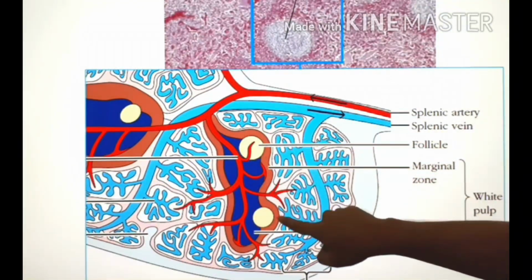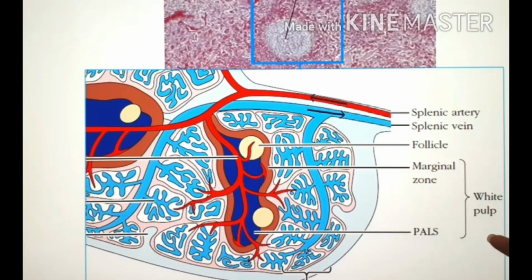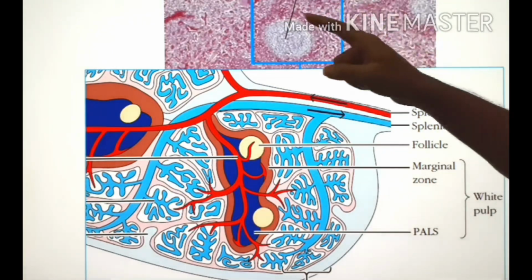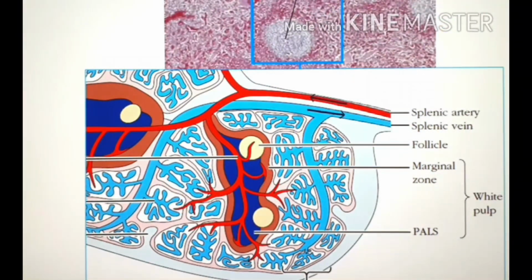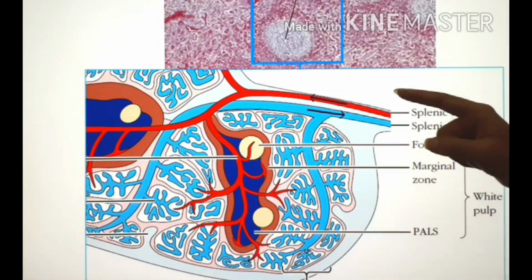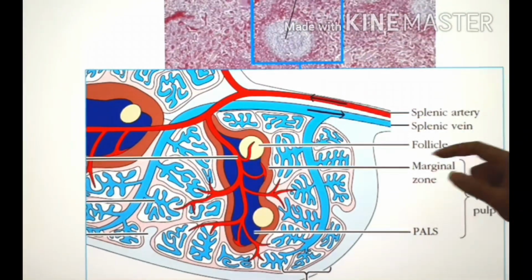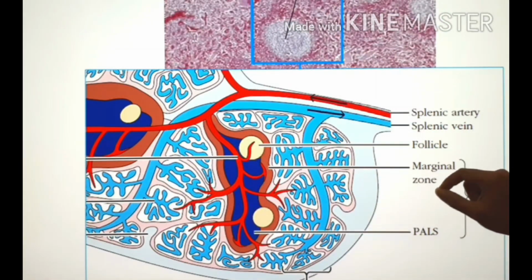This is the marginal zone. The main function of the spleen is to mount immunity against blood-borne pathogens. So if there is any pathogen in the blood, the pathogen comes into the spleen, and the spleen has B cells and T cells and also macrophages and dendritic cells that can present the pathogen to the B cell and T cell.